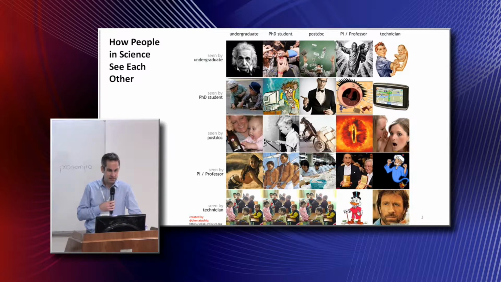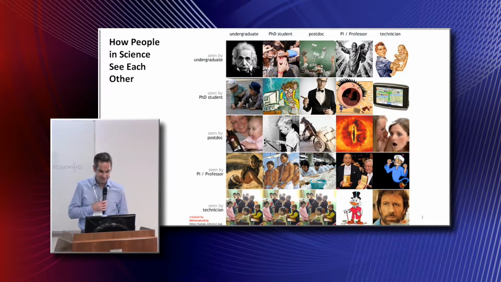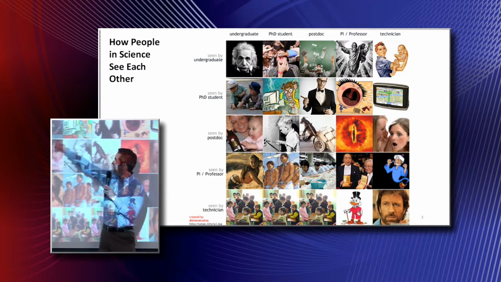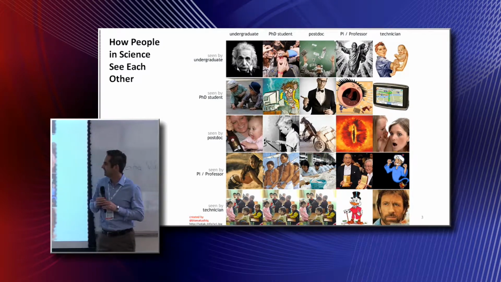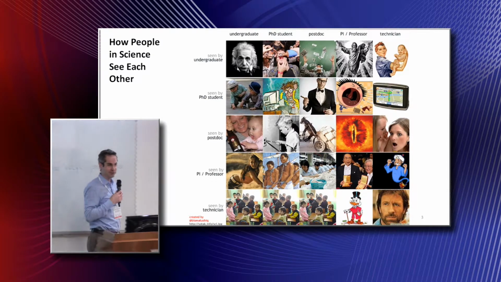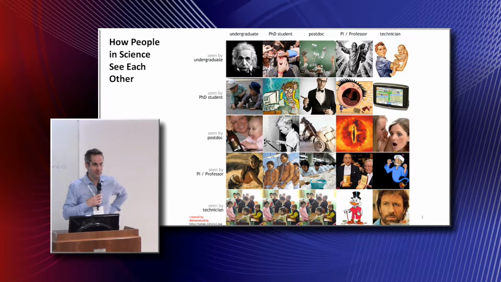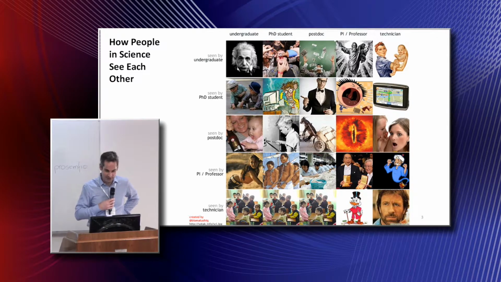And how do undergraduates see themselves would be the top left one. That's the Einstein picture. How do the undergraduates see the PhD students, and so on. How do the PhD students see the undergraduates? That's here, the toddlers. So you can stare at this for a while. Each picture has some sort of laugh connected with it.